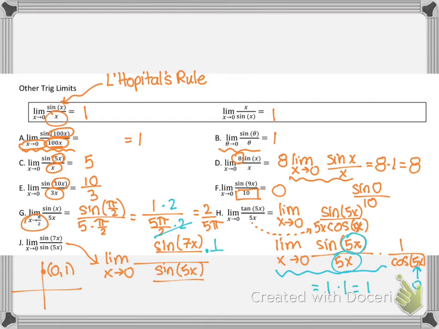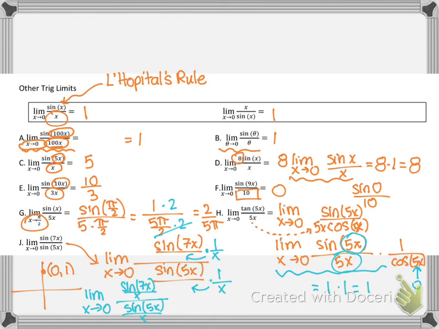I'm allowed to multiply the top and the bottom of a fraction by the same thing. And then that x is just going to stick underneath here. So what I am left with is the limit as x approaches 0 of sine 7x over x over sine 5x over x.